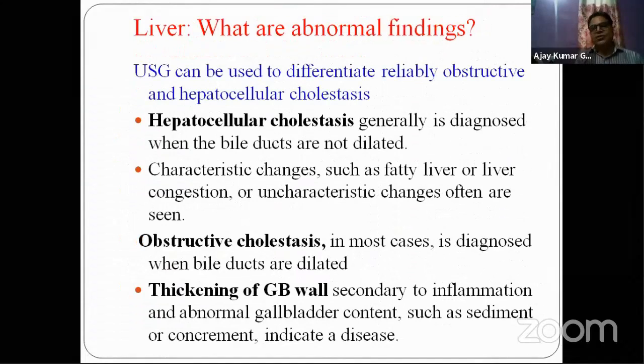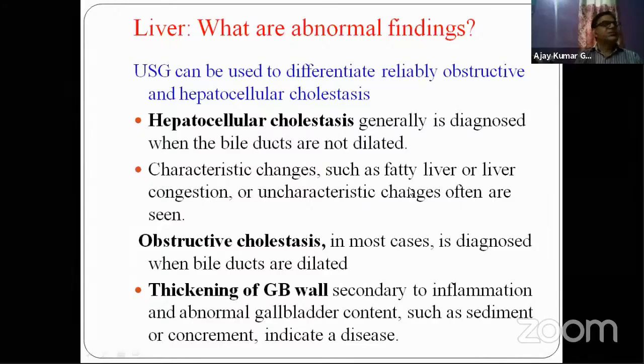Ultrasonography can also distinguish between hepatocellular cholestasis and obstructive cholestasis. In case of hepatocellular cholestasis, the characteristic changes will be fatty liver, as I have discussed earlier, and liver congestion, or there may be uncharacteristic changes.